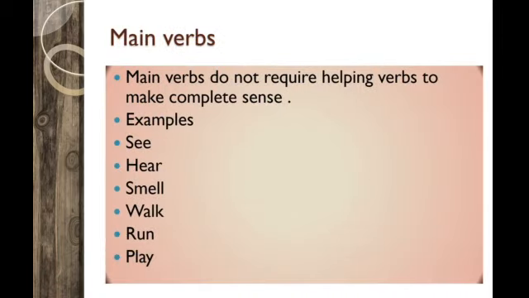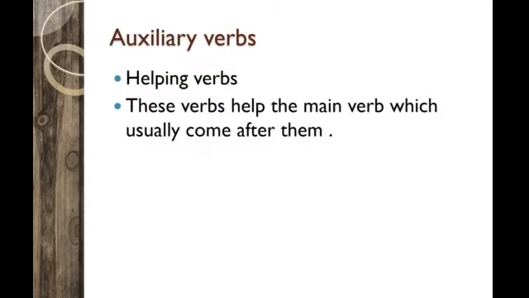Main verbs, as I told you, do not require helping verbs to make complete sense. She sees, she hears, she smells, she walks, she runs, she plays. We don't want is, am, are for that. Auxiliary verbs are helping verbs, as I already revised.